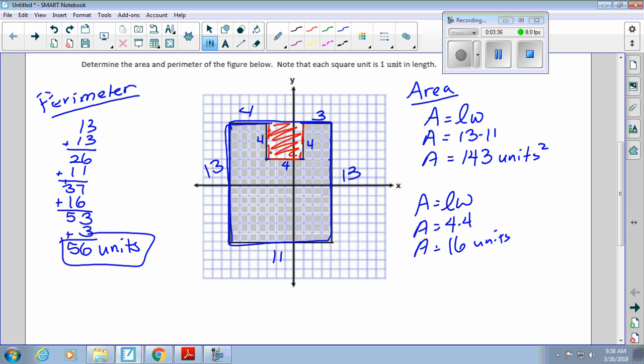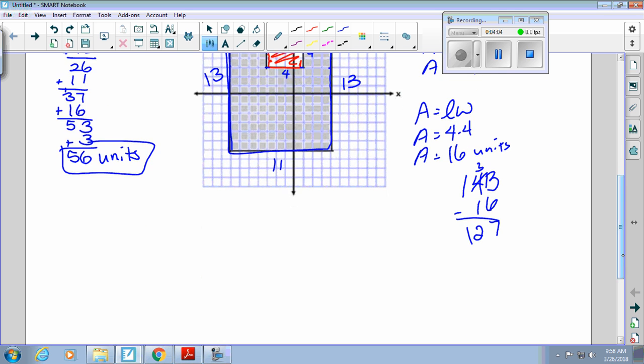You're not adding these two together. It's like the difference between making a snowman and an ice sculpture. With a snowman, you add all the pieces together. With an ice sculpture, you start with that block, and then you carve out the pieces you don't want. That's the method we're going to do here. So we're going to subtract 16 from 143, and you should get, when you are done, 127 units squared.